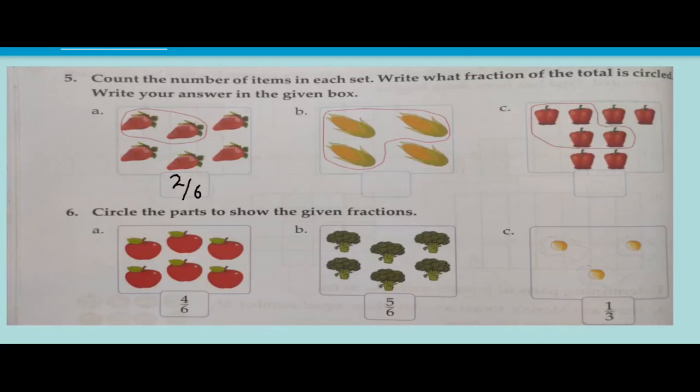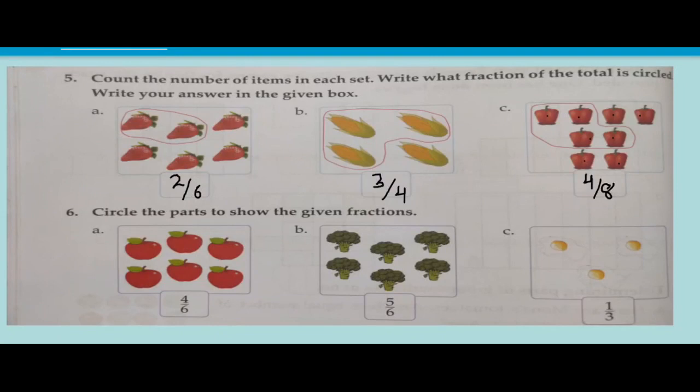Okay. Here out of 4 cones, 3 cones are circled. So you will write 3 by 4. Here out of 1, 2, 3, 4, 5, 6, 7, 8, these are capsicum. Out of 8 capsicum, 4 capsicums are circled. Yes, so you write 4 by 8, which is equivalent to 1 by 2.